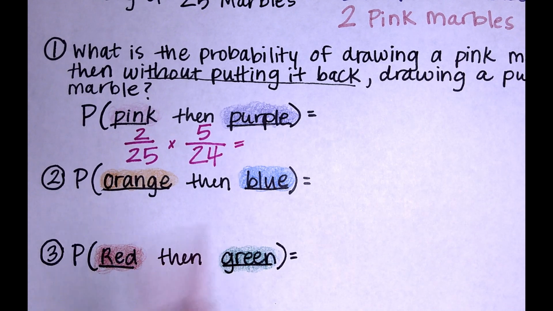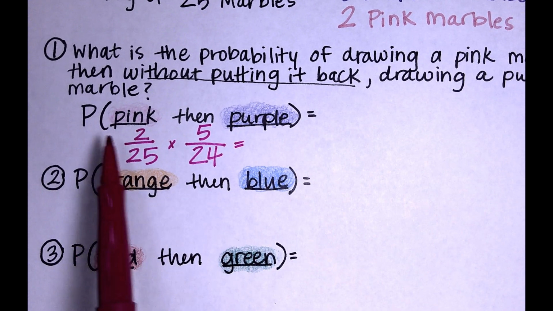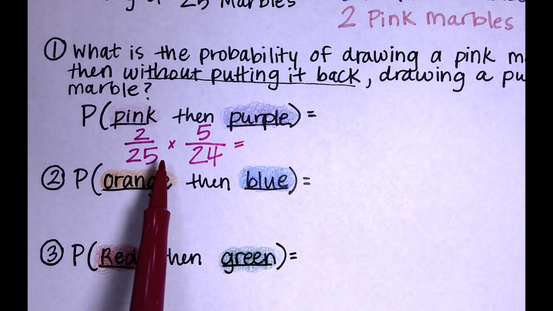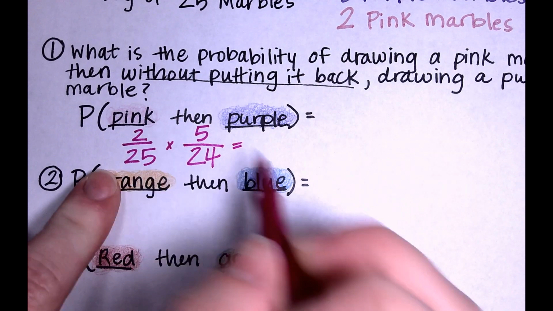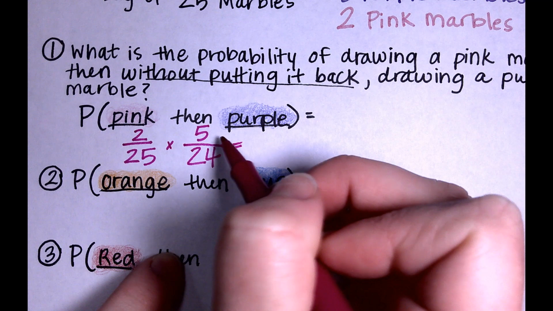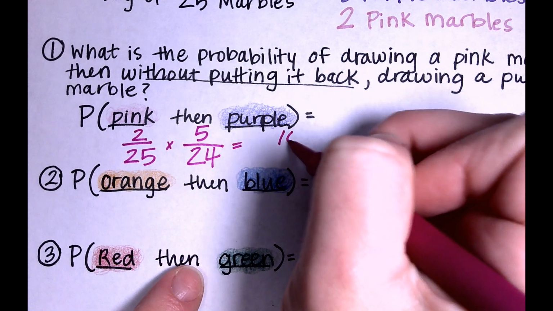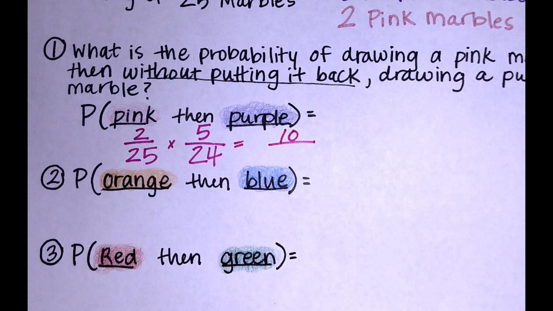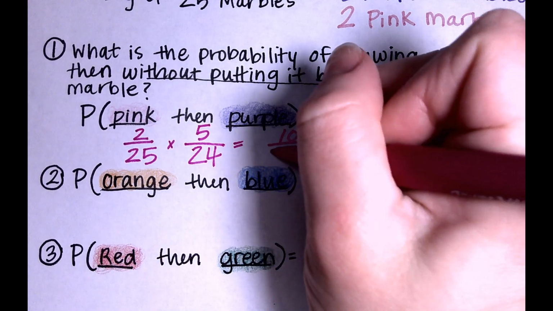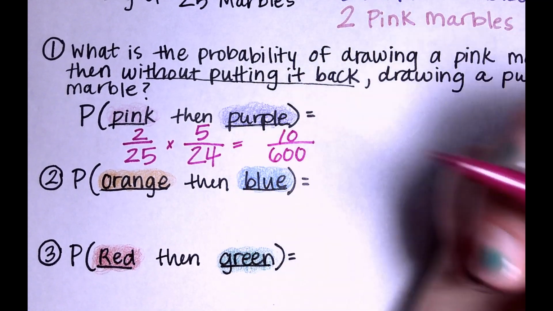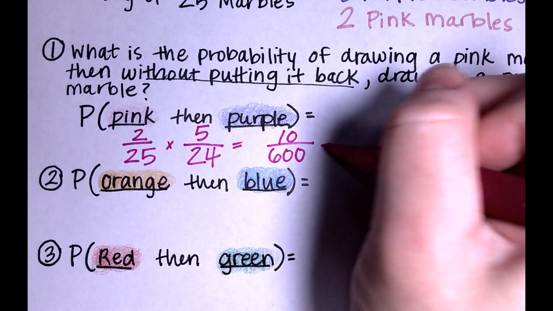So whenever I am finding the probability of both of these happening, we're just multiplying like in the last worksheet, straight across. So what is 2 times 5? 10. And 25 times 24? 600. Woo. Okay.